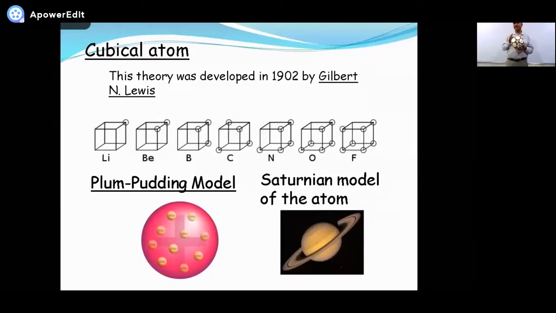Plum pudding model. Plum, you know what we mean by plum. Okay? So according to Mr. J.J. Thomson, the whole atom will look like a solid sphere, and this whole atom is positively charged. And electrons are fixed, embedded in it like this.